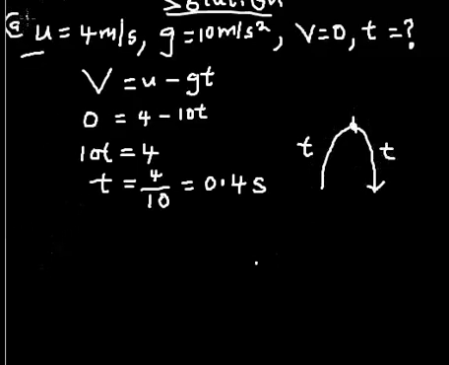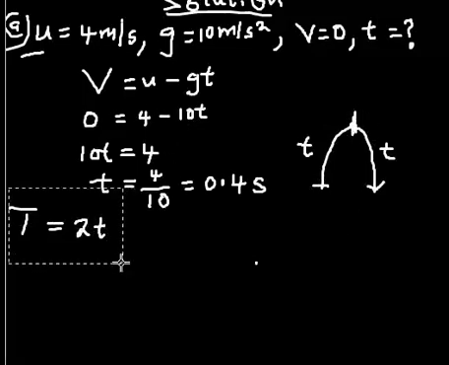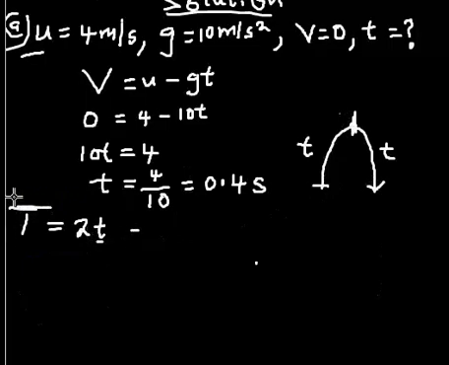For the time of flight of the object, it's 2 times, because time of flight is just the total time. The total time it takes for it to get to this maximum height and return back. So that means if I should draw the graph of the motion, of course the motion is in 2 parts, up and down, right? So capital letter T is equal to 2 times small letter t, right? So that's of course the B part of the question.